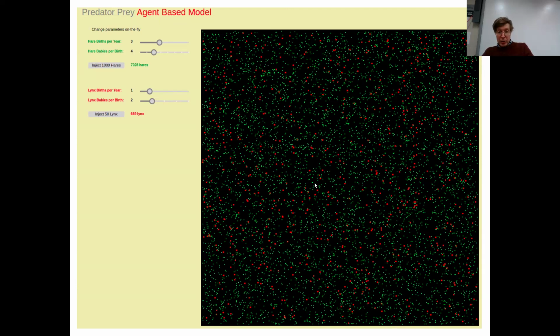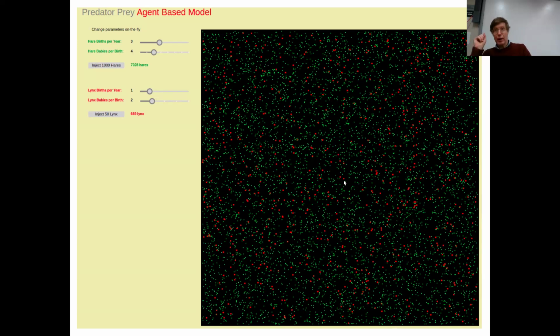And it depicts a space. I think there may be a variety that I've augmented that I need to post. So we have a space, and we have prey, which are shown in green, and we have predators, which are shown in red.